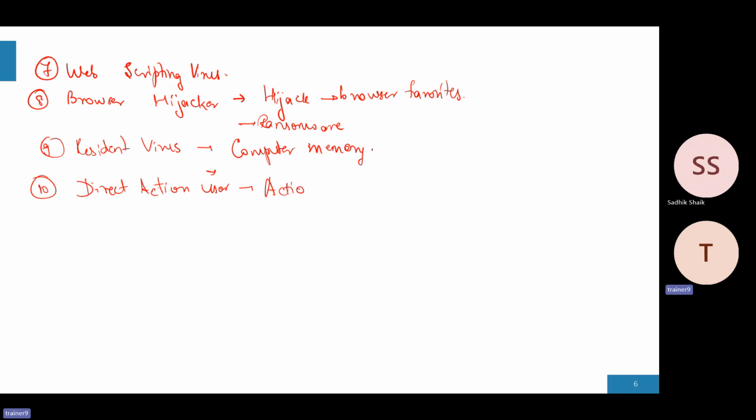There is a specific action that has been taken that basically triggers this entire virus in action, right? So that is another kind of virus that you can see. Like this, we have different types of viruses.